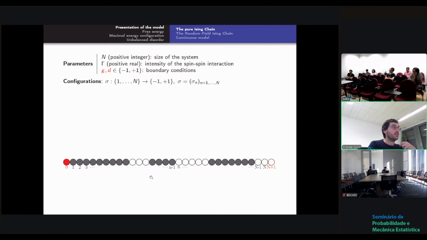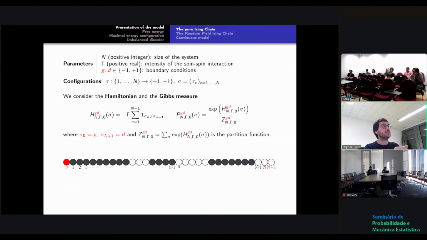Okay. On this state space, we define a probability measure. So we're in statistical physics. This probability measure is defined through a Hamiltonian. And then we take the exponential of the Hamiltonian and normalize the measure to make it a probability measure. The Hamiltonian is defined quite simply.